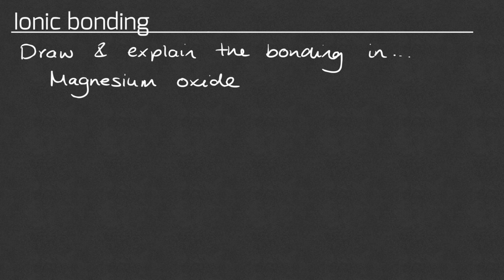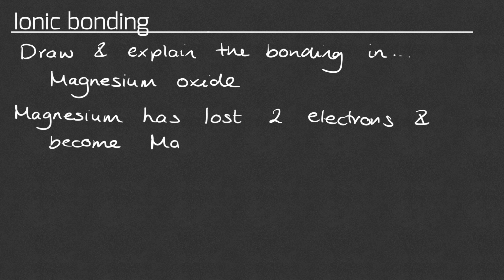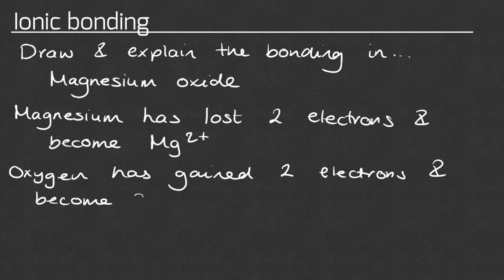We'll then need to write sentences describing what's happened to the magnesium and the oxygen and our definition of ionic bonding. So magnesium has lost 2 electrons and become Mg2+. Oxygen has gained 2 electrons and become O2-.